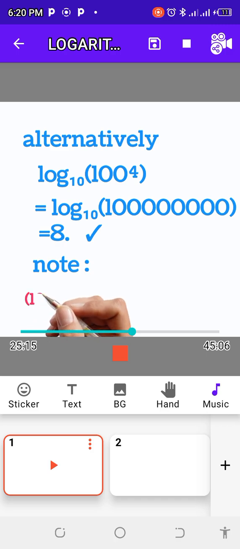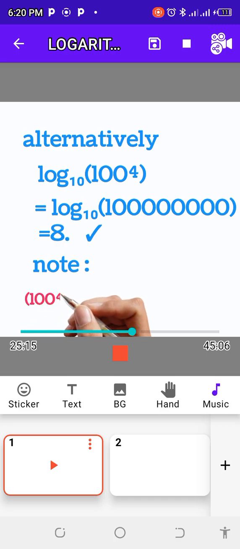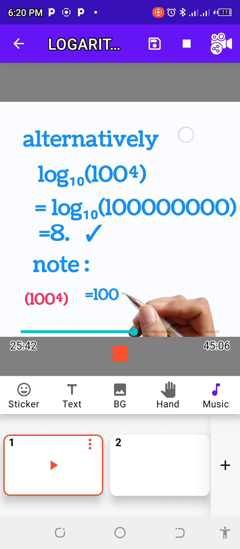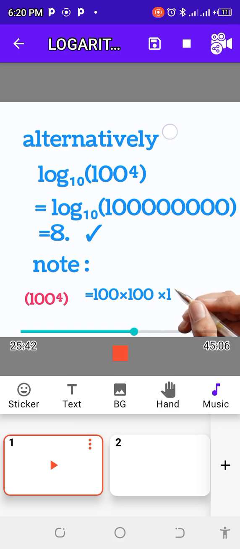Note that 100 raised to the power 4 is the same thing as 100 times 100 times 100 times 100, four places, and that will give you 100 million. Any question? Are you following? Let's proceed.